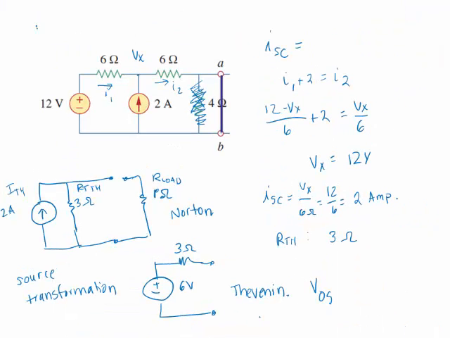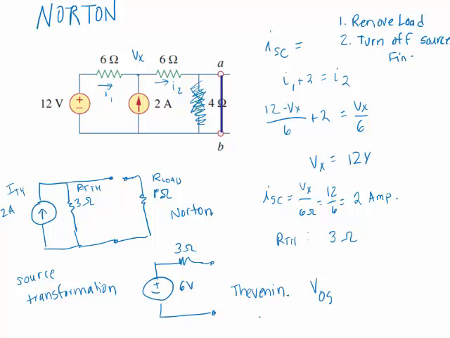And for the Norton equivalent, we 1. remove the load, 2. turn off everything and find R Thevenin, 3. short circuit the output, and then find I short circuit, which is I Thevenin. But by source transformations, these two things are exactly the same.